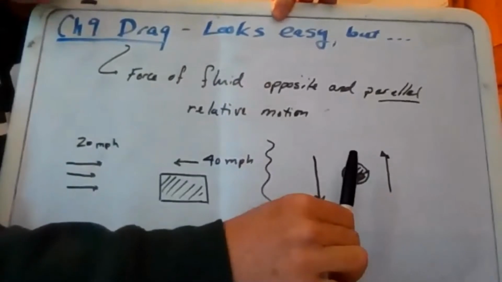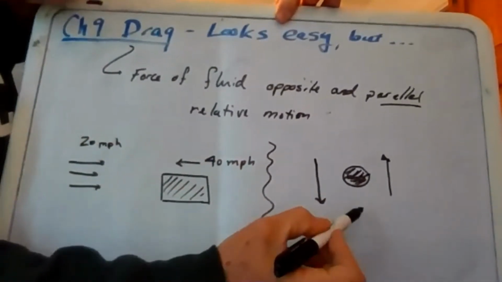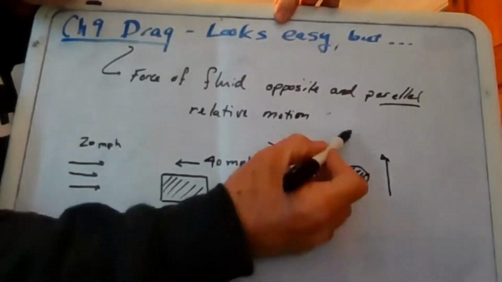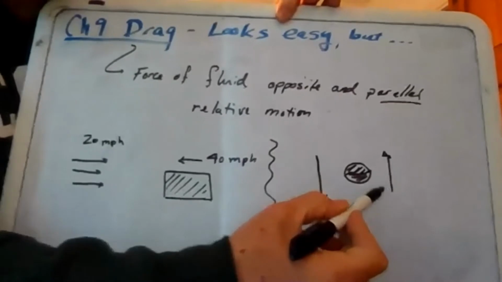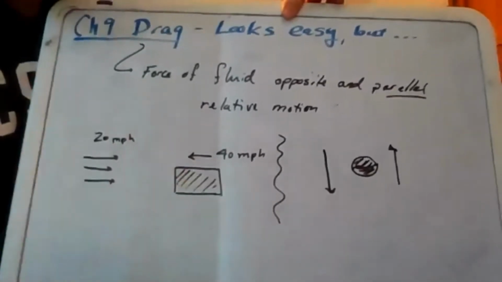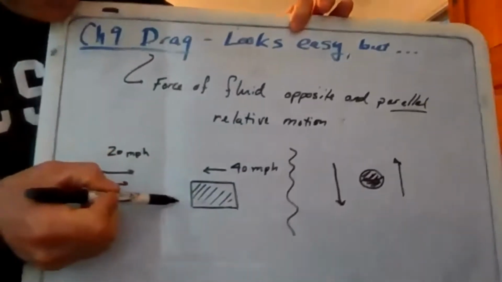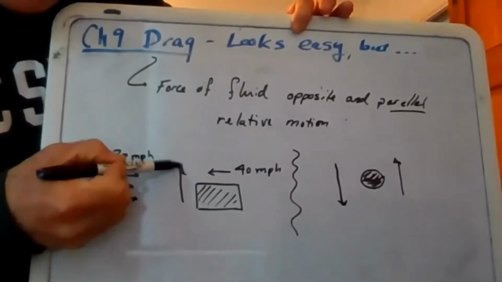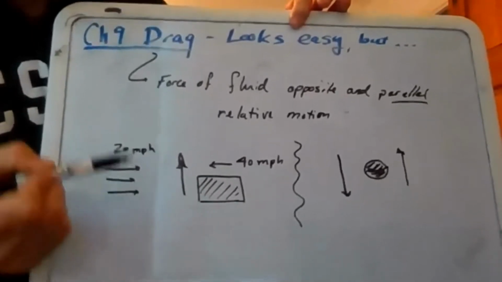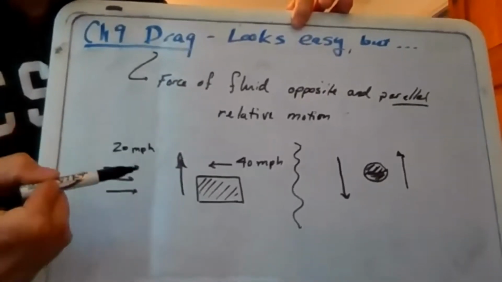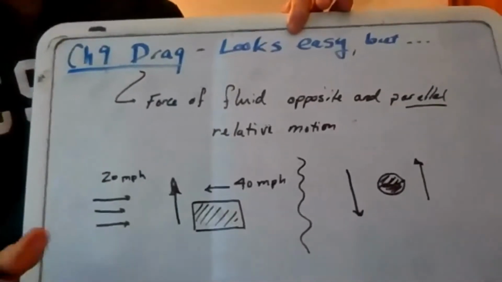So this is going down, and because of a reaction in the direction of motion, there's going to be drag backwards. So lift is going to be up on an object that's going like this. If we had a force that was up here like this, that would be a lift force. It is not parallel to relative motion or parallel to motion. It is perpendicular. So there's our first point, understanding what drag is.